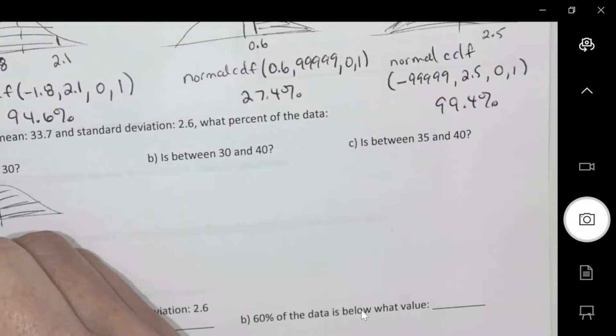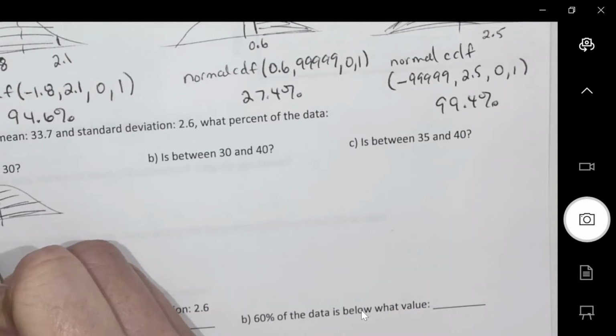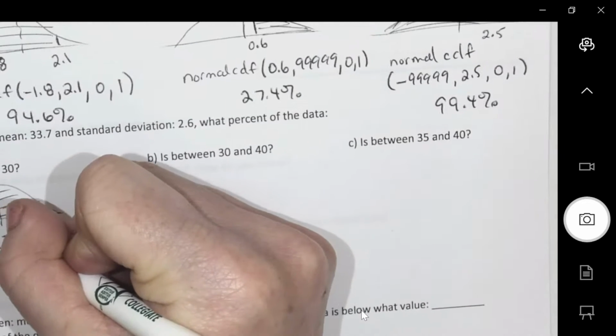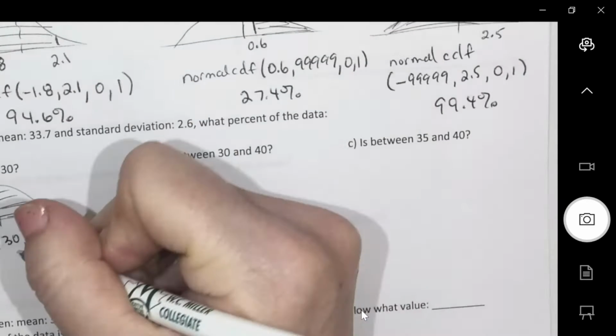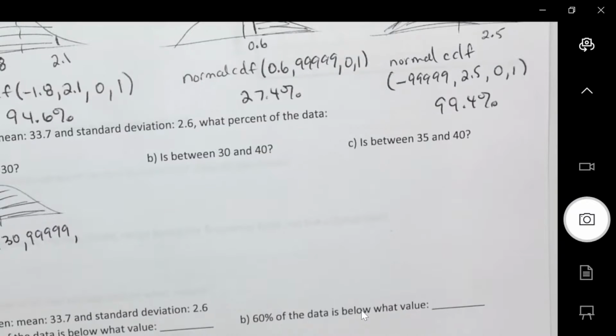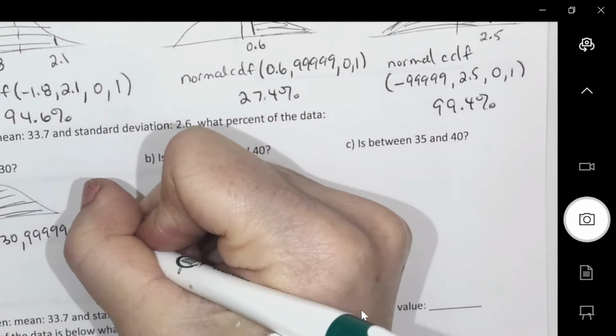Okay, so same function, normal CDF. On the left, I'm at 30. To the right, I'm infinite. But this time, our mean is not 0.